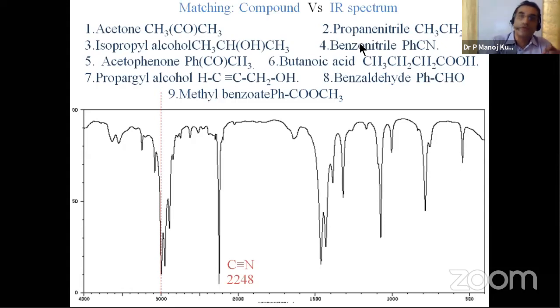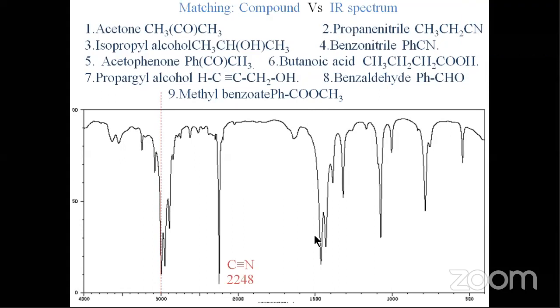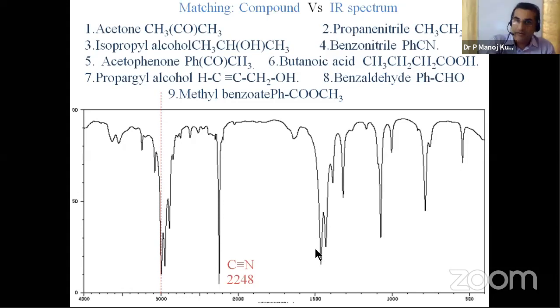Immediately, when you have that doubt, observe the spectrum and try to identify whether there is any diagnostic band which supports that it is an aromatic region. You will not see that. I already mentioned that between 1585 to 1600 and 1400 to 1500 you should be getting peaks. And here it is comparatively a very neat spectrum.